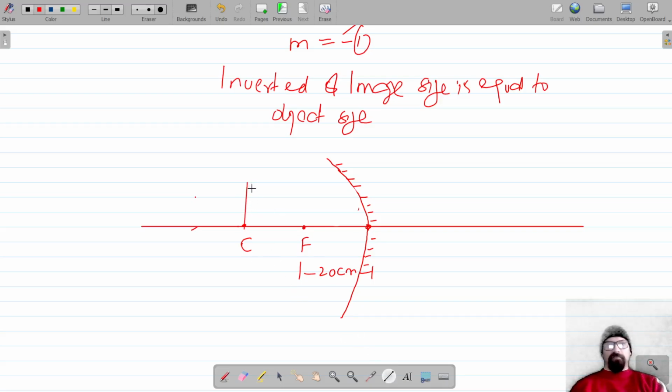This is the object, and this is the ray of light that's going parallel to the principal axis. It will be going through the focus. Rough diagram. Okay. And another ray of light that passes through the focus will come parallel to the principal axis, and they will meet at a point. So let's say they meet here.